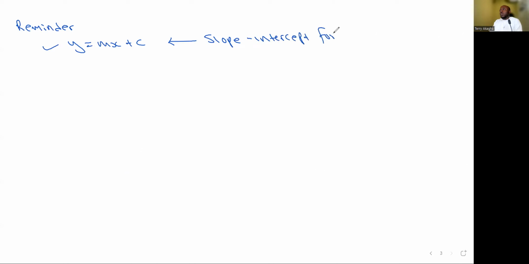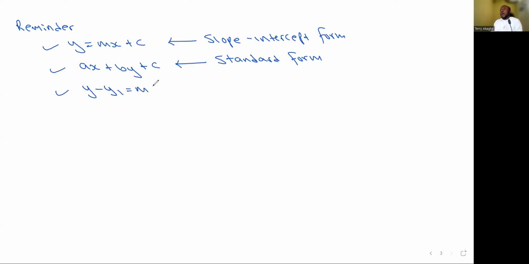We talked about other forms. I talked about ax + by + c, and I told you it is the standard form. Then we also talked about y - y1 = m(x - x1), which is the point-slope form.